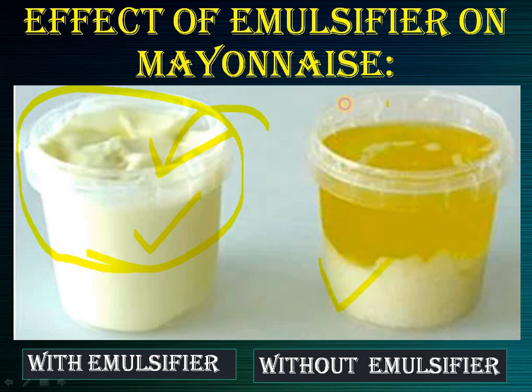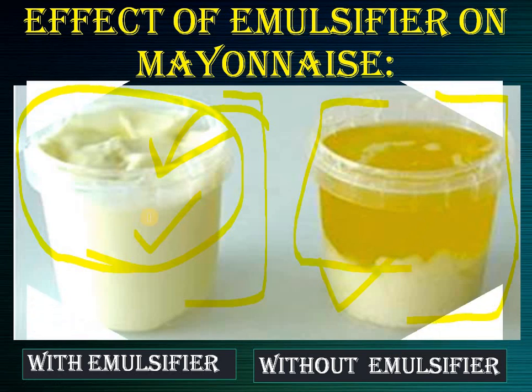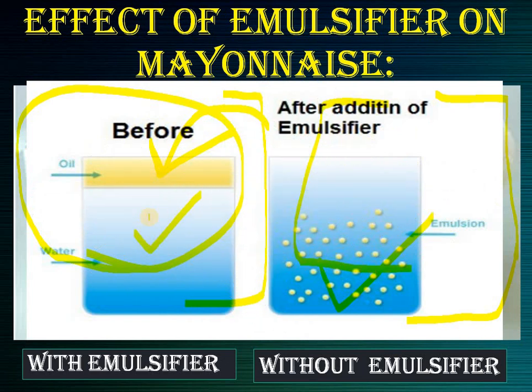I don't think anyone would want to have this type of mayonnaise, but after seeing the other one everyone wants to have it because it looks good. So this is the effect of emulsifier: it stabilizes things. Here the phase separation is there, but after adding emulsifier we get a mayonnaise which looks good and tasty also.